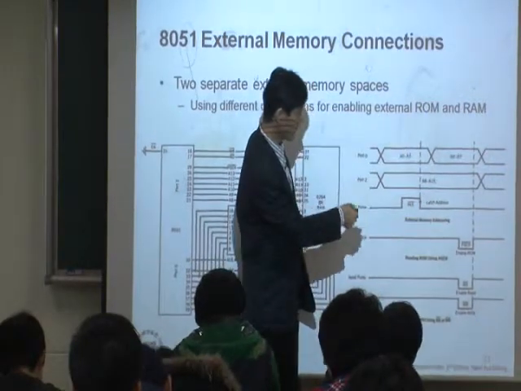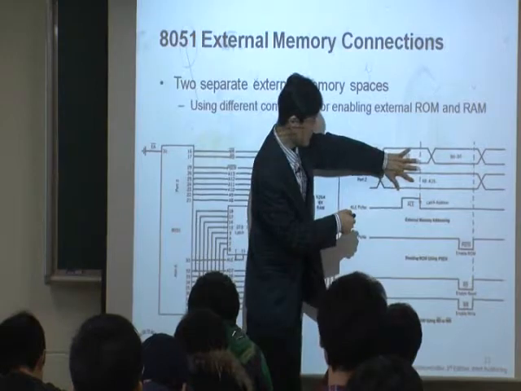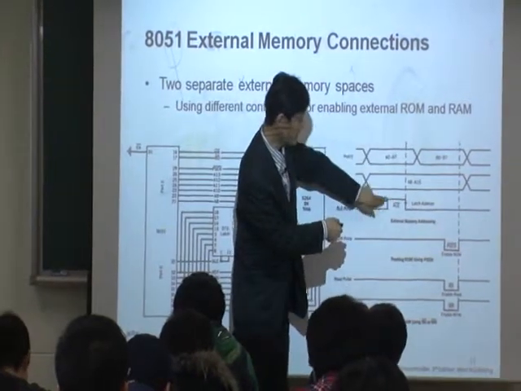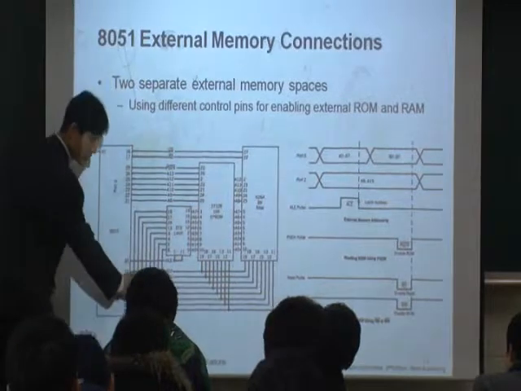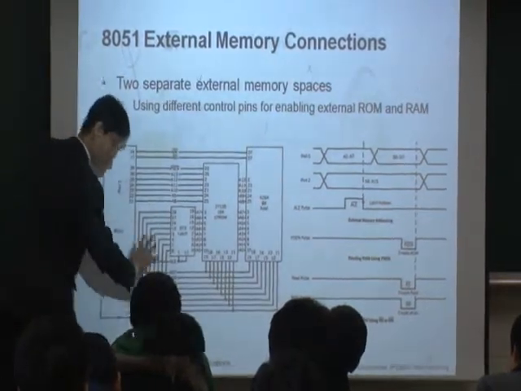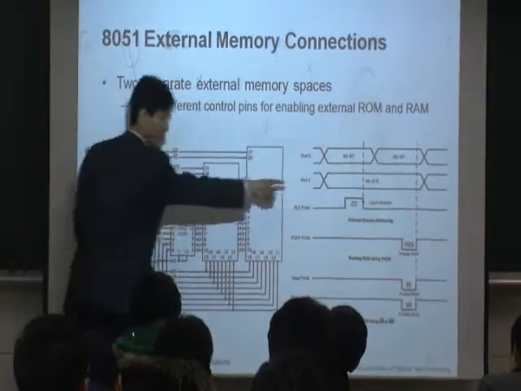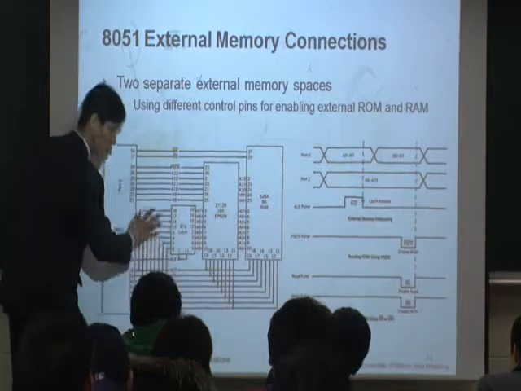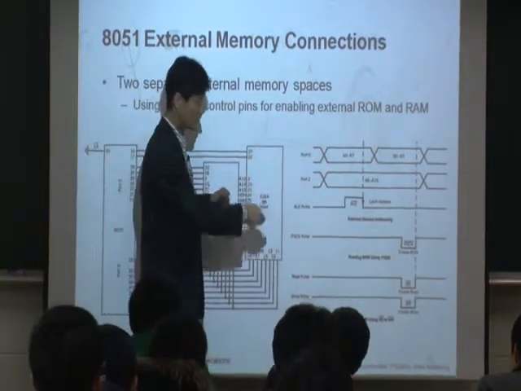So once you do this, look at here, at this time, you are sending out the address on both ports, and the latch is on, so therefore the A0 to A7 value goes into the latch. That's what happened right here.